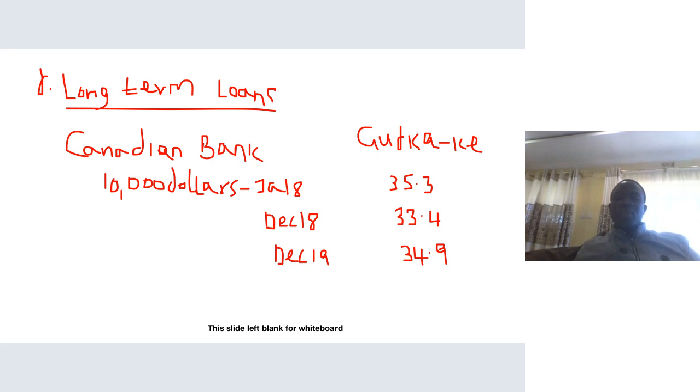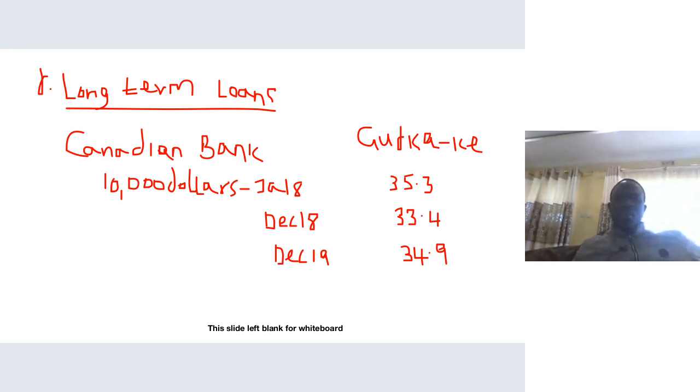So to prepare this loan account, again, we are just going to use the normal T format for the preparation. But remember, the exchange rate in January 2018 is 35.3. The exchange rate in December 2018 is 33.4. The exchange rate in December 2019 is 34.9. So those are the exchange rates that we have.